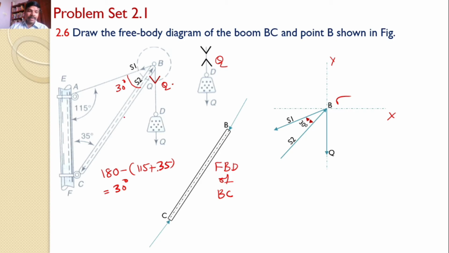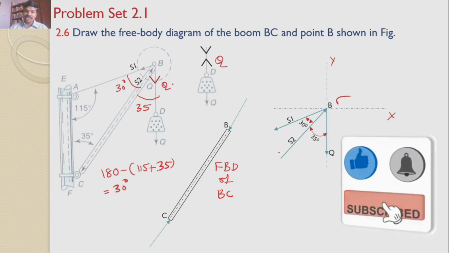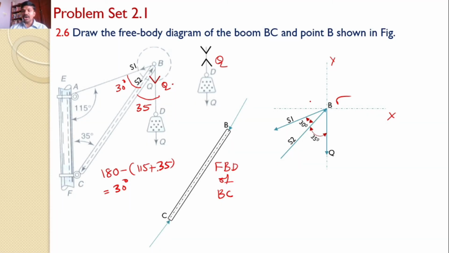Similarly, the angle made by the BC with the same vertical must also be equal to 35, because the opposite angles must be same. That means the angle between S2 and Q is equal to 35 degrees. This is the free body diagram of B.